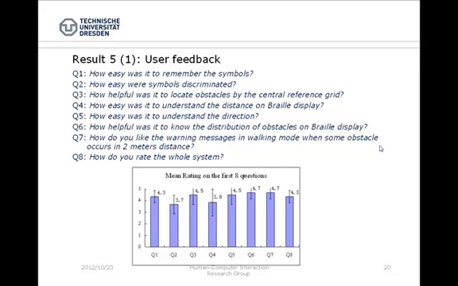It's not very easy to get the distance on the display because they need to calculate. But for direction, they think it's easy to understand left and right, and which clock position.